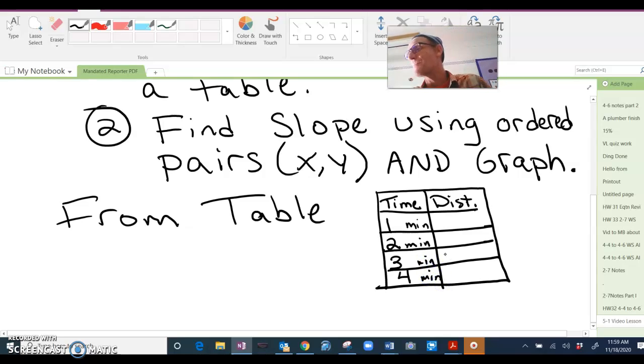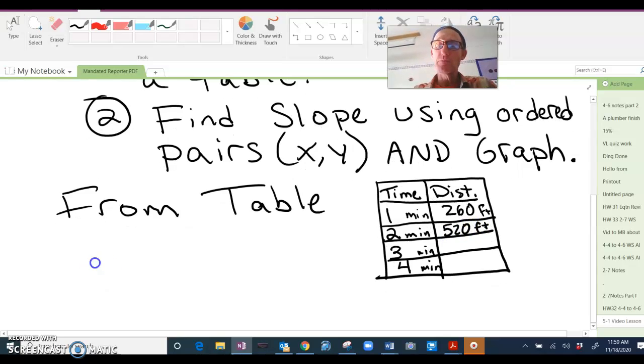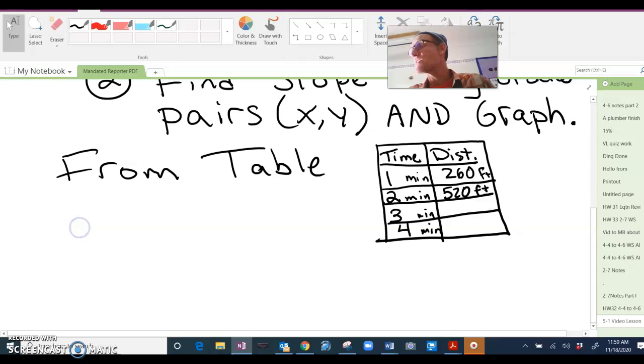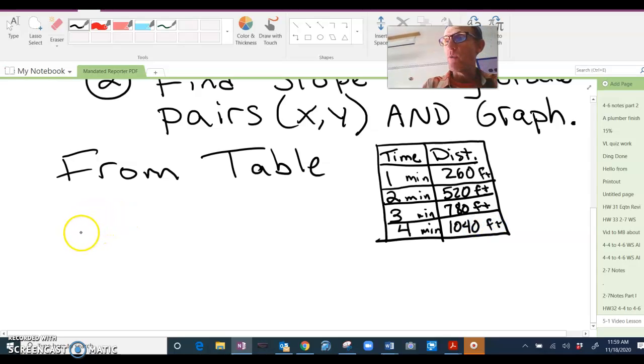And the distance is 260 feet, 520 feet, and 780 feet, and 1,040 feet. And we want to find the rate of change.